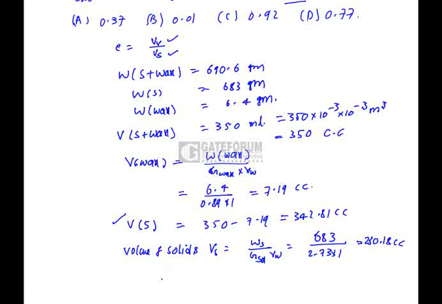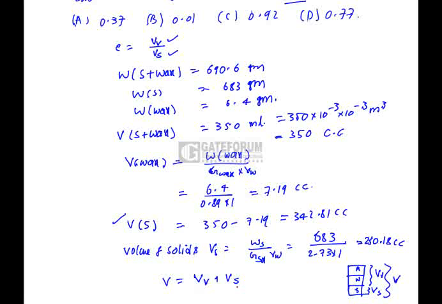So we know that total volume V is equal to volume of voids plus volume of solids. From the three-phase diagram, volume of voids is volume of air plus volume of water. So total volume is Vv plus Vs.